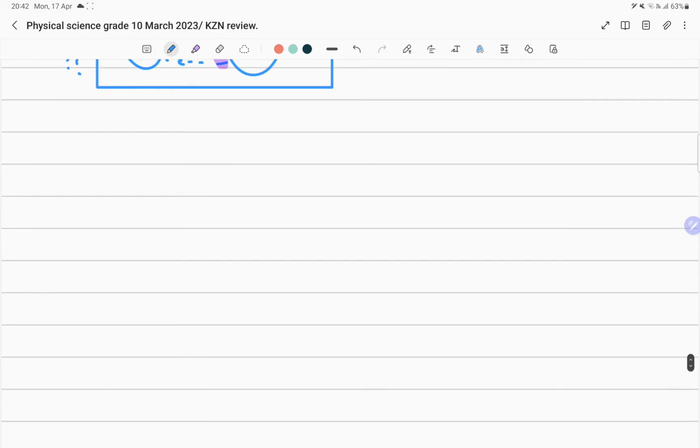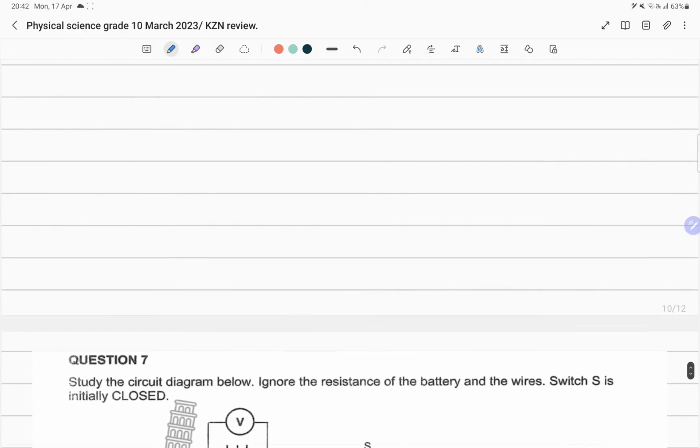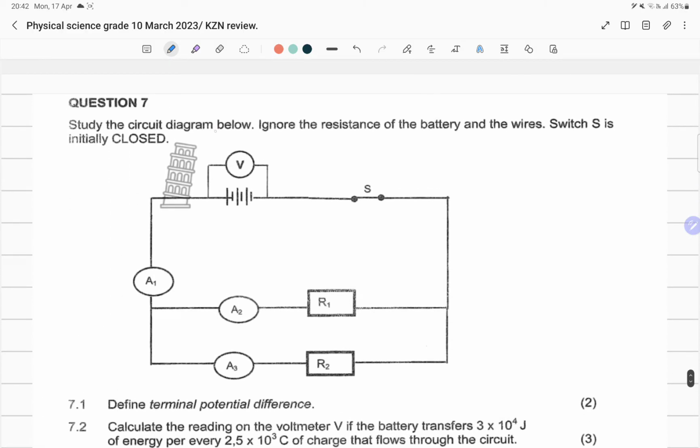Last question. Okay, guys, let us do it. Now, study the circuit diagram below. Ignore the resistance of the battery. So if we are told ignore the resistance of the battery, it is somehow said to be negligible, meaning it's too small to have any effect in the circuit.